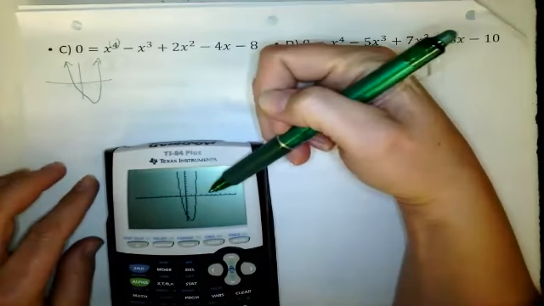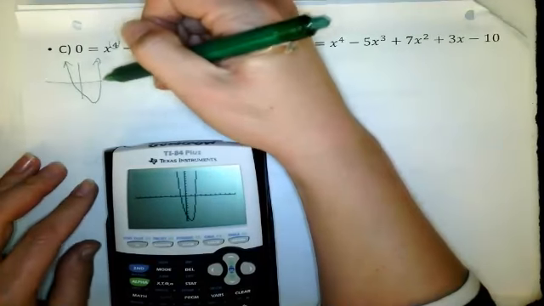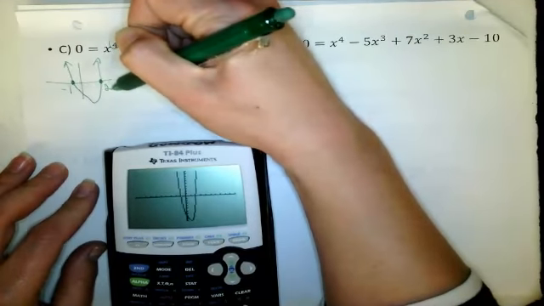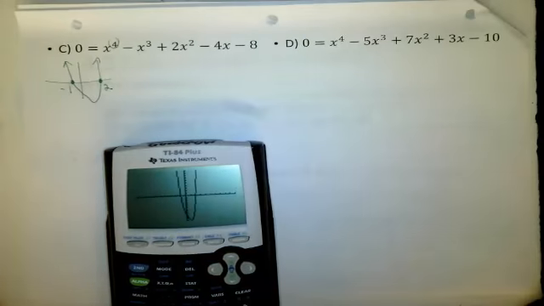What are the 2 solutions that I can actually see? -1 and +2. So what I'm seeing is 2 real solutions. Where are the others? They're imaginary.